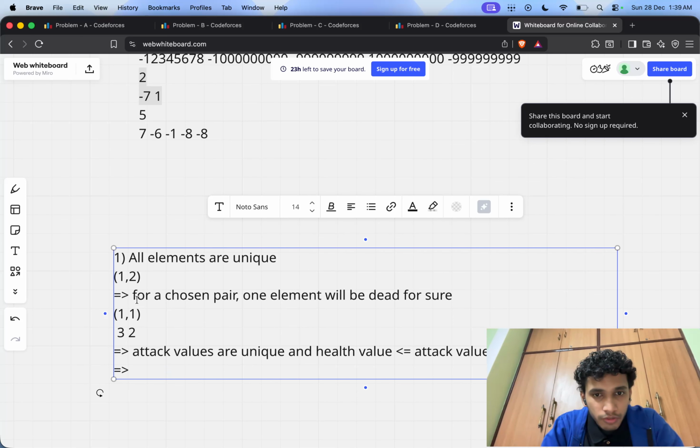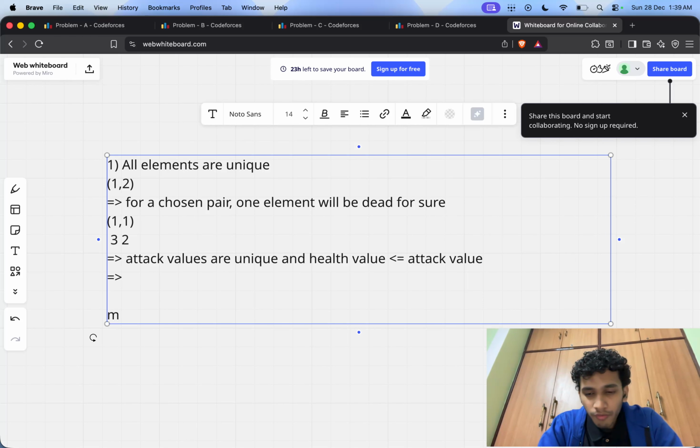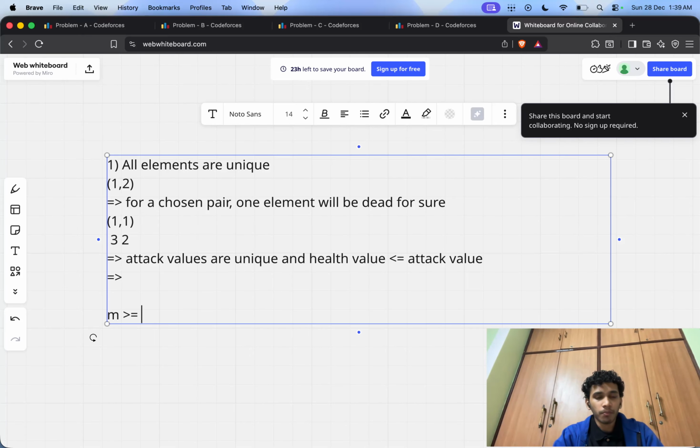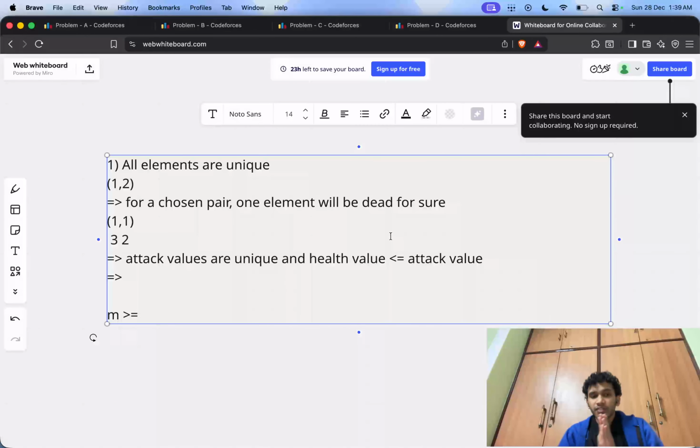All right, so this is our first conclusion. So for cases where the number of surviving elements is m, each surviving element must have fought before, so they must have made a pair.